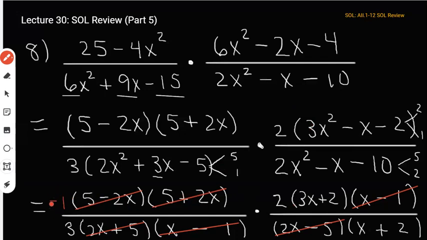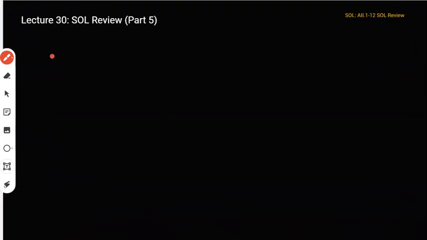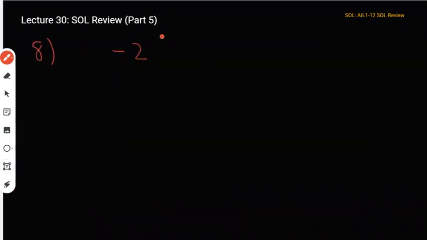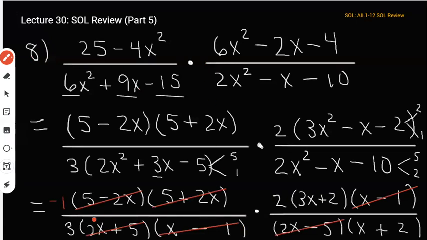So now let's multiply these together. I'm going to have negative 1 times 2. That's going to give me a negative 2. And I have 3x plus 2 on top. What do I have in the denominator? I've got a 3. That's over here.